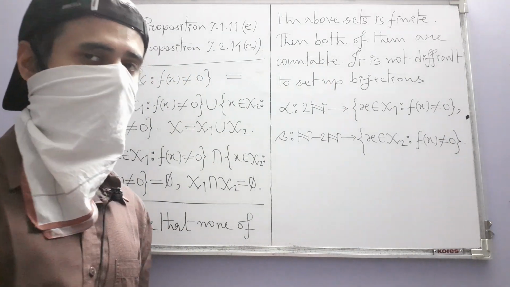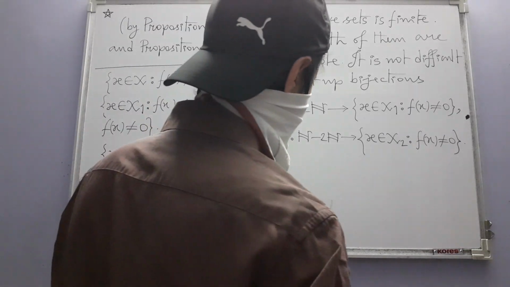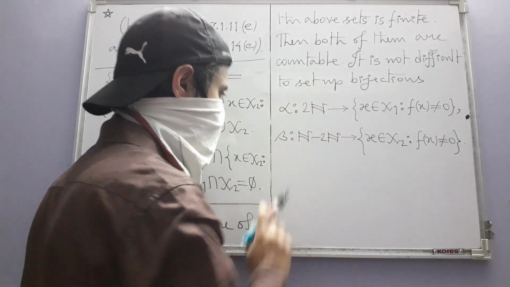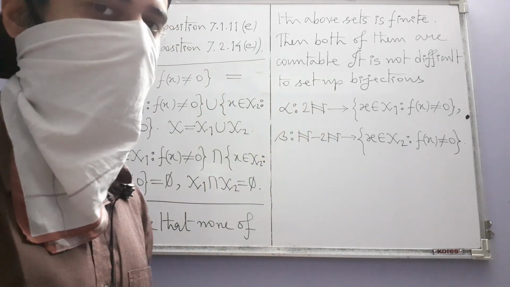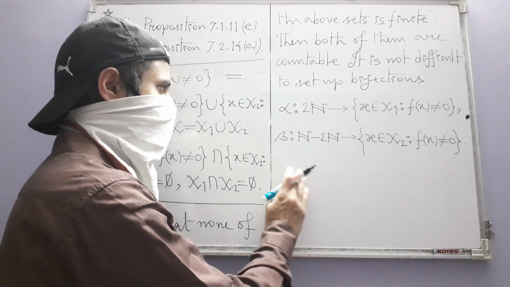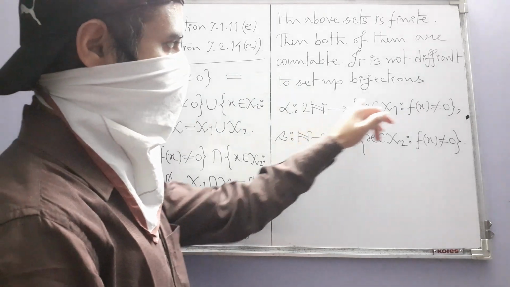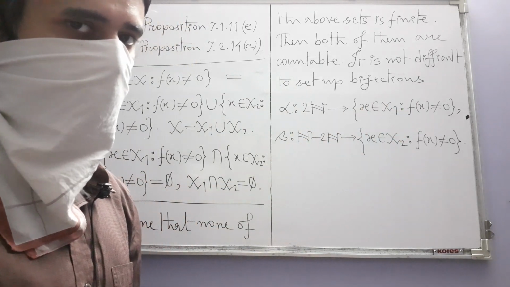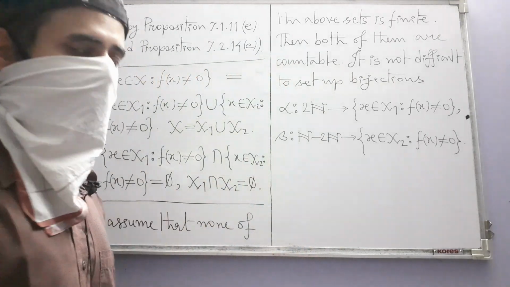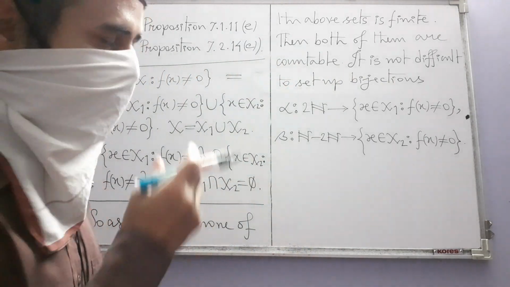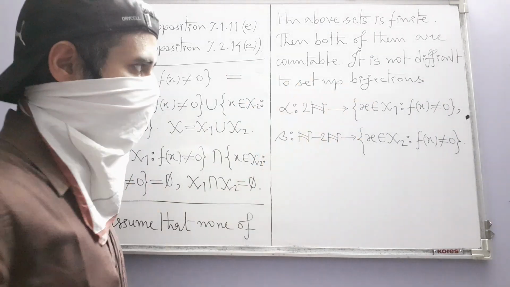It is not difficult, but how is it not difficult? That is because, what would you have done if you had N here, only N? You already know that by definition there exists a bijection between N and this. So you can use that bijection, any such bijection, to write a bijection which goes from 2N to this.